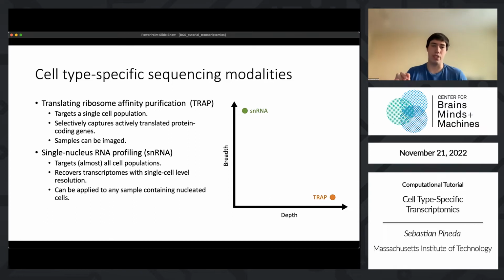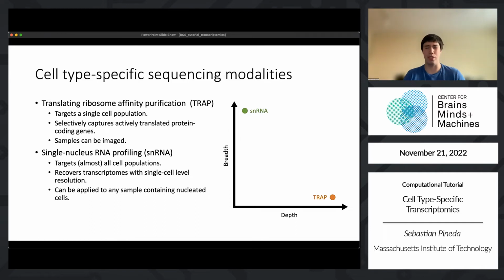And another one, which you've probably heard of because it's become very popular in neurobiology, is single-nucleus RNA sequencing. This one gives you a very global view of everything that's happening in your sample, and it can recover any sufficiently abundant cell type and give you cell-level resolution.